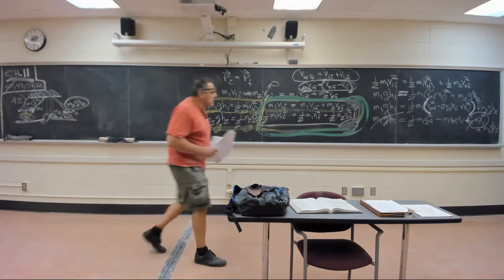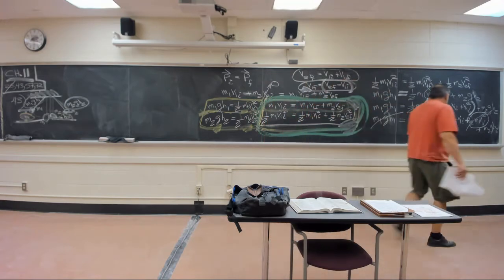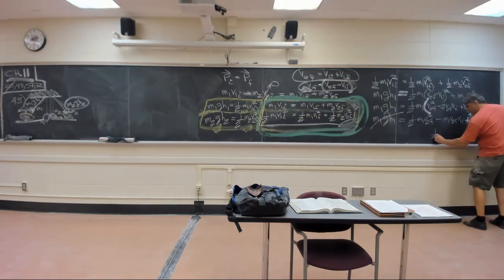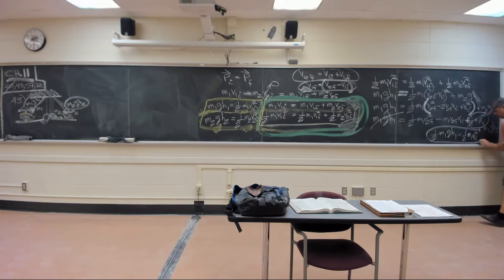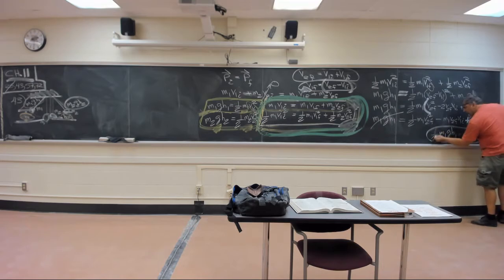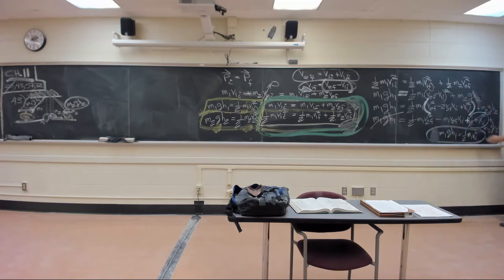Okay. Remember, the 1/2 M1 V1I squared plus, here, not a half here. Sorry about that. M1 GH1 equals 1/2 M1 V1I squared. 1/2 M1 V1I squared equals M1 GH1.